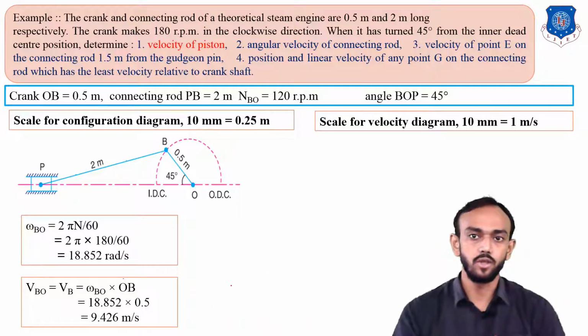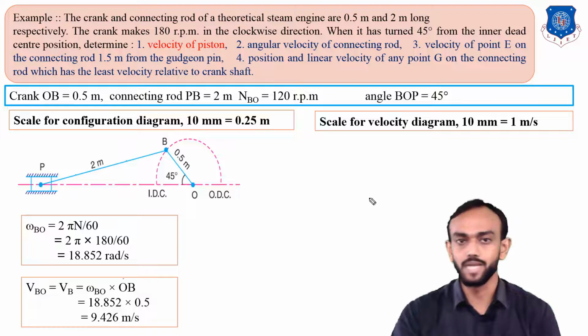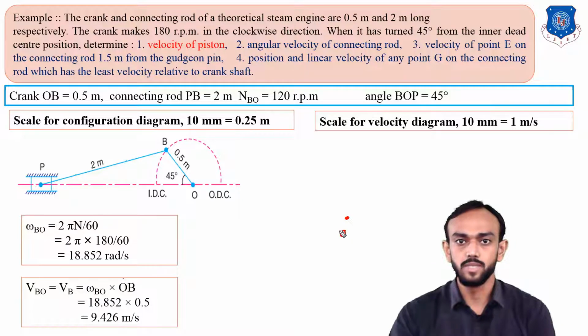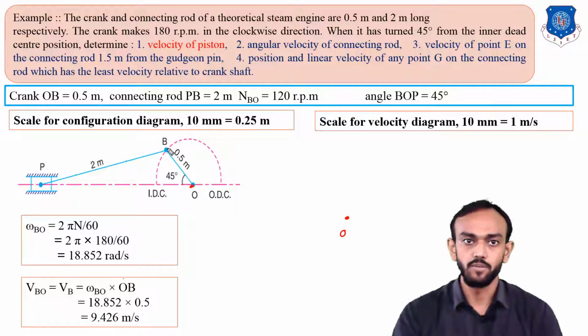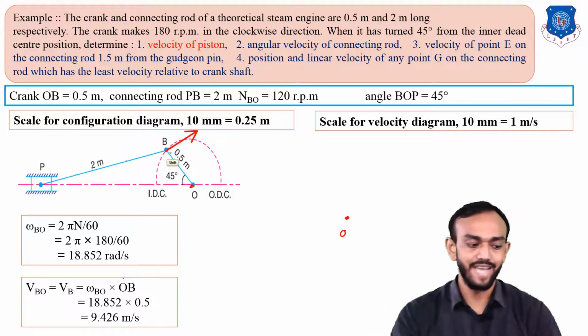Okay, how will you draw this vector? Let's start the drawing of this velocity diagram. First of all, you will know the first rule: all the fixed points will be at the origin point. So the first point will be like here. This will be small o. Velocity of B with respect to O, so the direction will be like here. Not in this direction, because we know the direction of the crank is in this direction, so our velocity will also be in this direction.